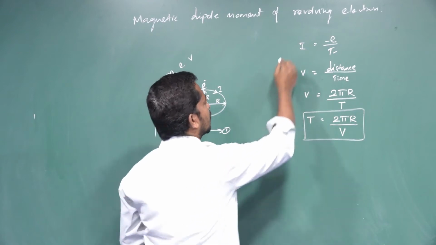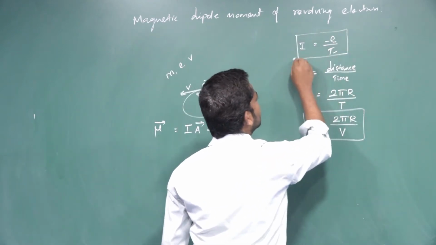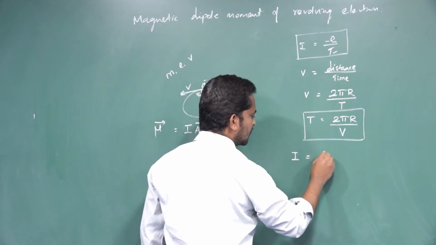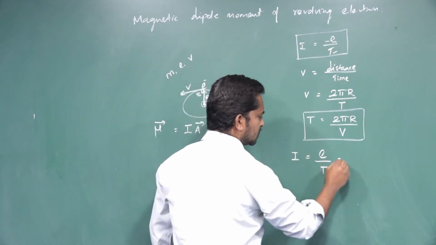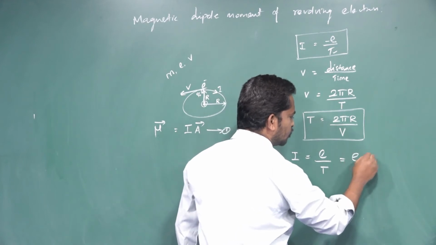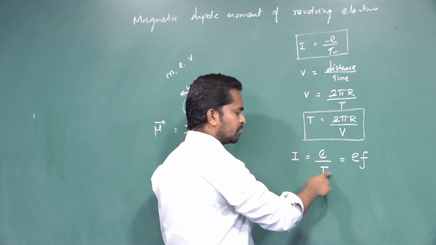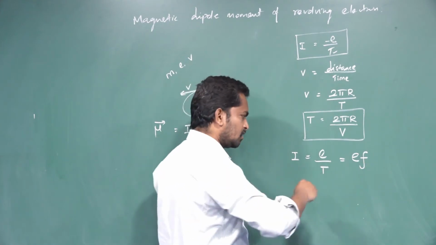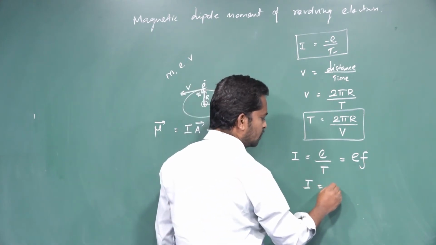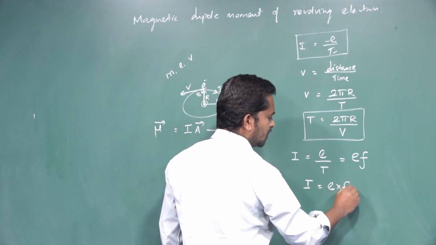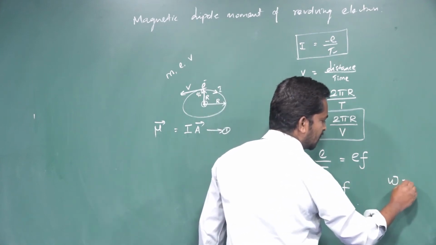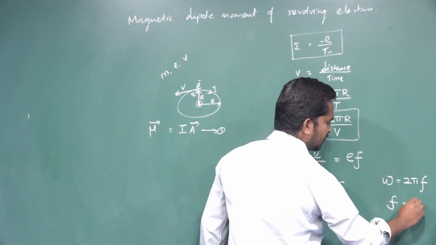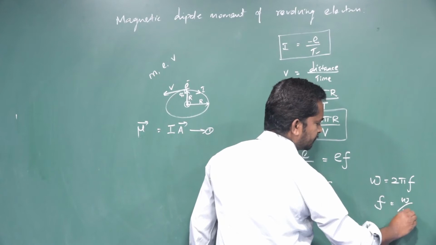What is electric current? I is equal to minus e divided by T. In magnitude, I is equal to e divided by T, which is equal to e into f. 1 divided by T, the reciprocal of time, is the frequency. Another equation: I is equal to e into f, but the angular velocity omega is equal to 2 pi f, so f is equal to omega divided by 2 pi.